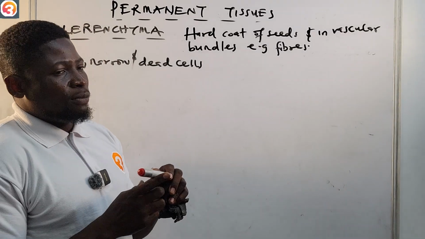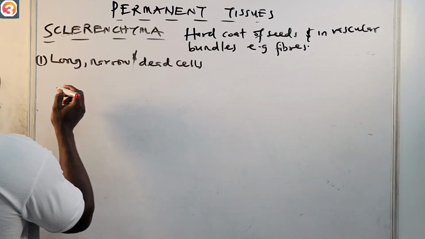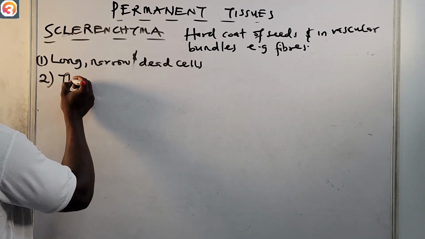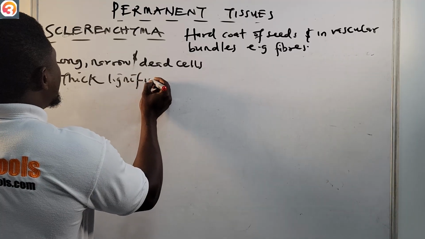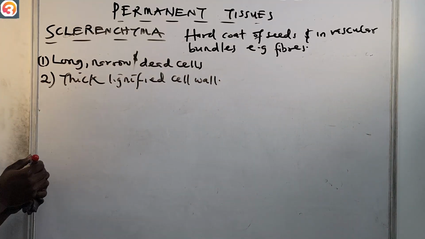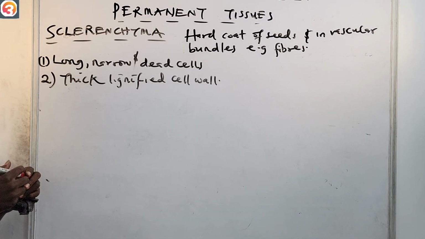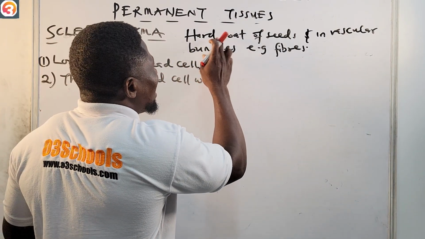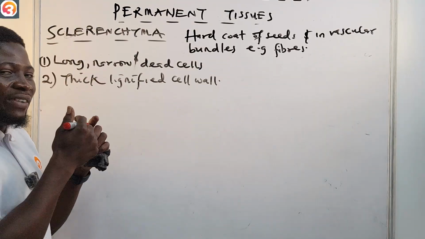Also, number two, they have a thick lignified cell wall, very thick lignified, because they are found in the hard coat of seeds.